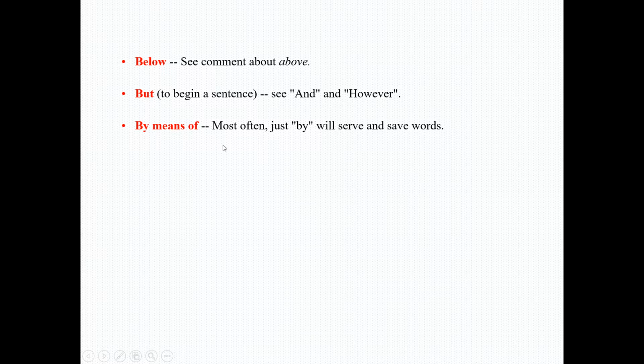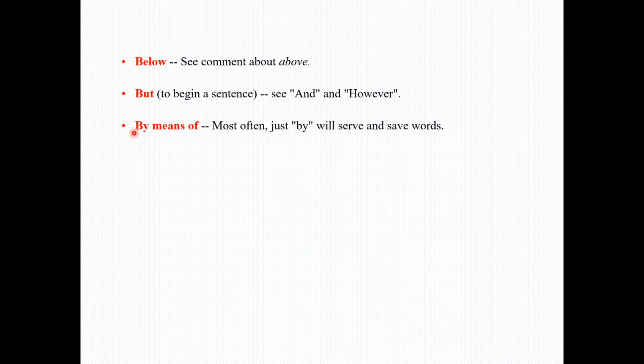Below: see comment above, but to begin a sentence, see "and" "however". By means of: most often just "by" will serve and save words.